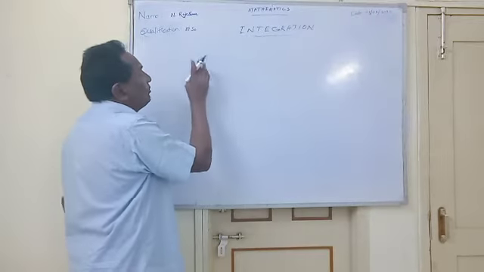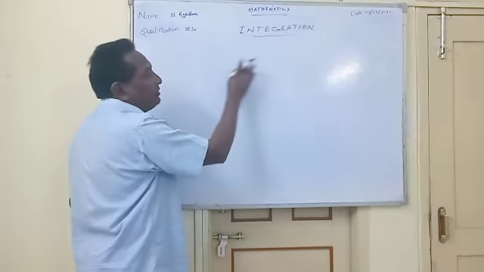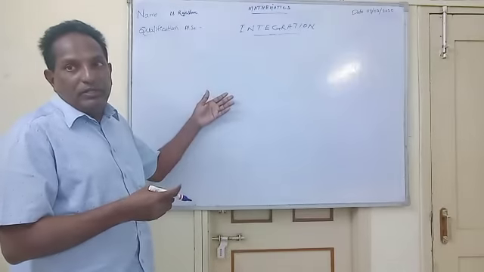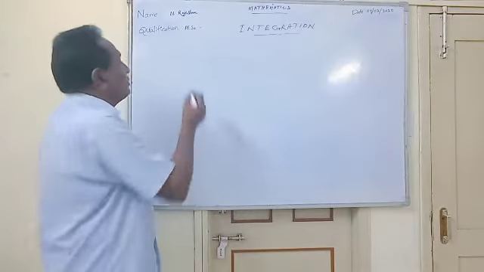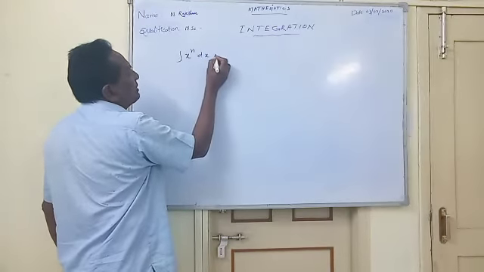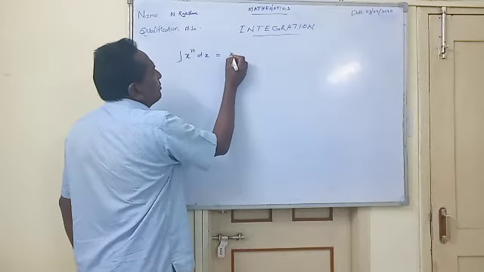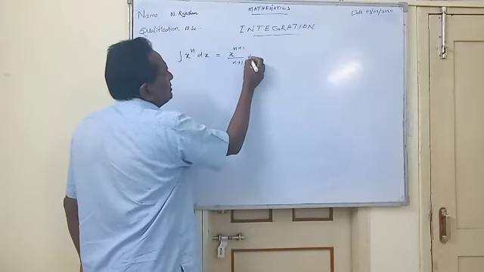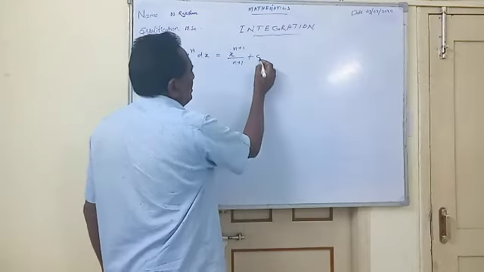That's why we can get the formulas from differentiation, the reverse method of differentiation. Here, the integral of x to the power of n dx equals x to the power of n plus 1 by n plus 1, plus c. This is the constant.